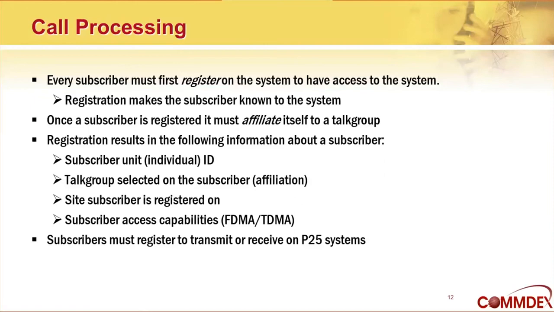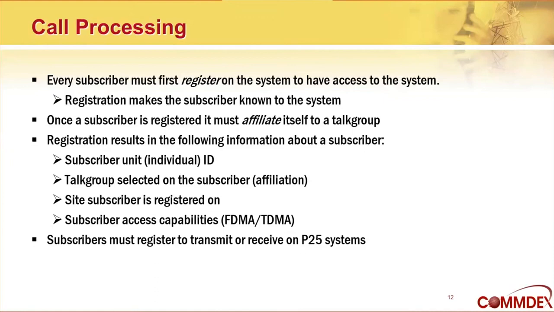So when you register, the information that you're telling about yourself is who you are on an individual basis, what radio number you are, talk group you're currently affiliated to, what site you're currently registered to. Just like a cellular system tracks what site it's affiliated to, trunking systems do the same thing.